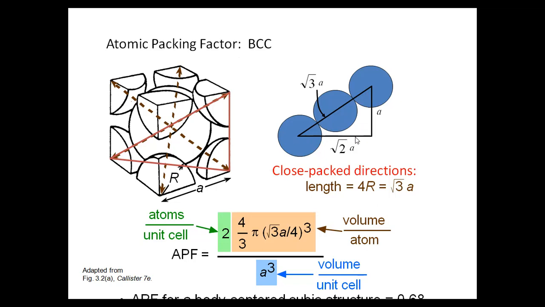So using the Pythagoras theorem, this will be A, this will be the square root of 2 times A, and this is the square root of 3 times A. This is how we calculate now for A. A is simply that direction divided by 4 from this formula.